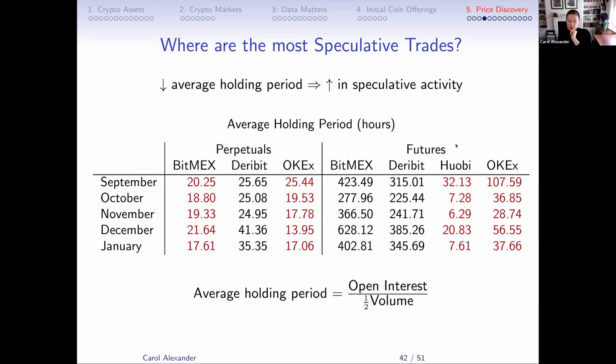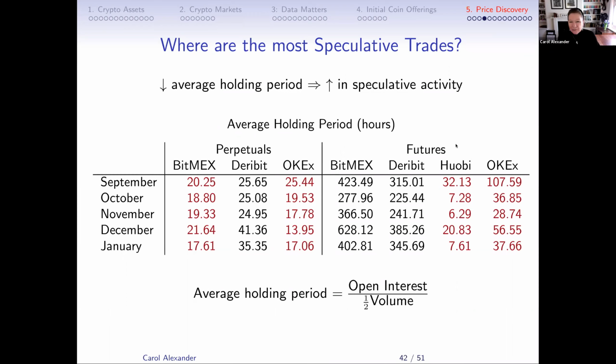Other authors just call it a speculation index, which is the ratio of the volume over open interest. And that's got the advantage that the higher the speculation measure, the more speculation there is. Whereas this one, which I didn't know about other measures, I just made up. But with this one, the lower the average holding period, the more the speculation.